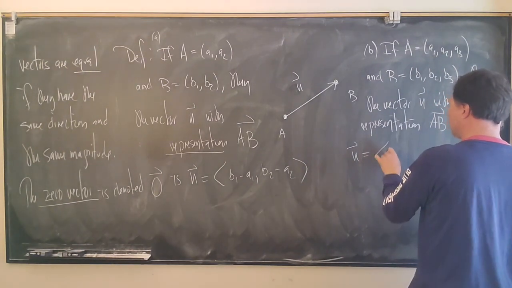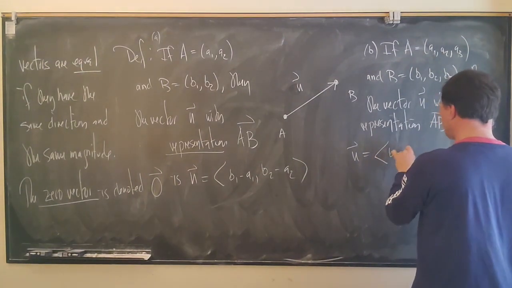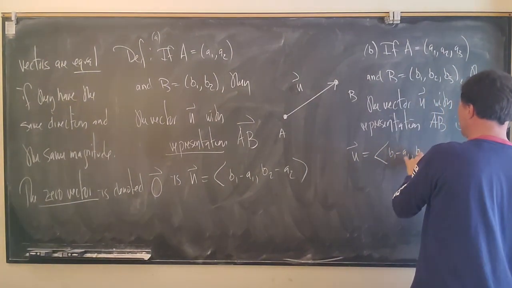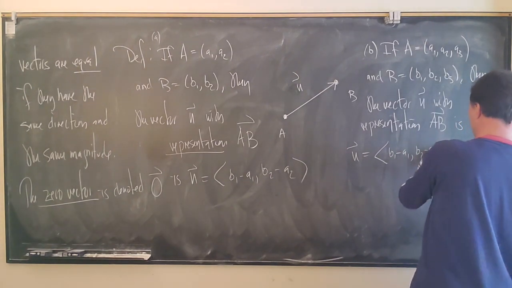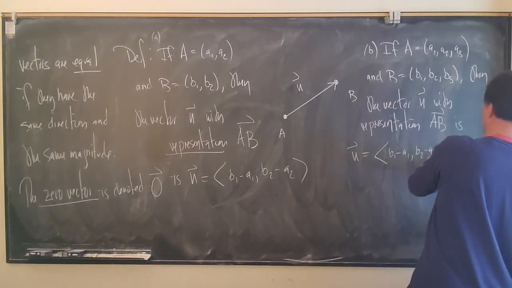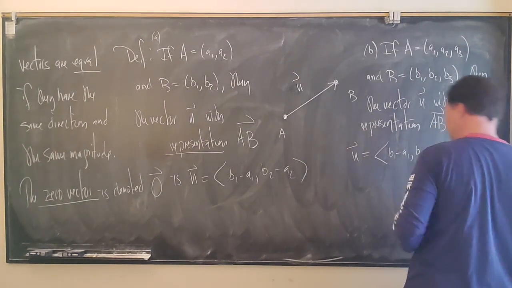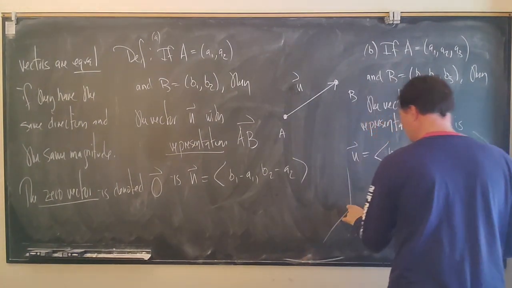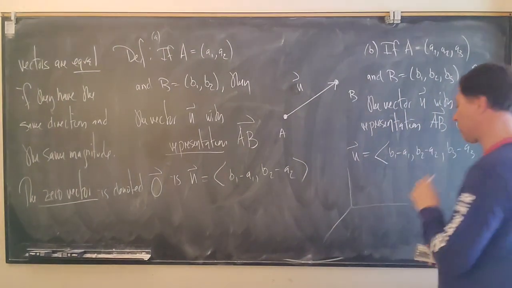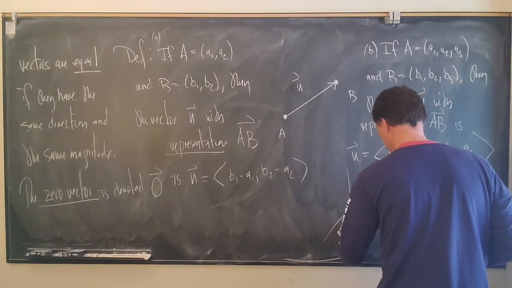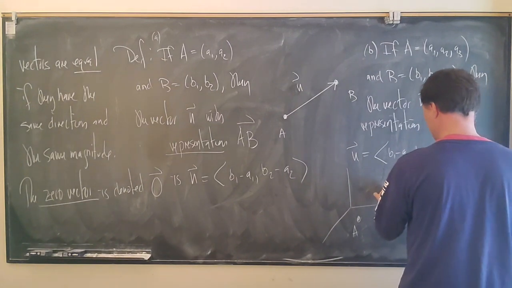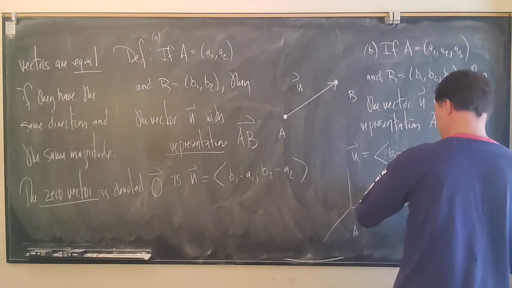So it'll be B1 minus A1, comma, B2 minus A2, comma, B3 minus A3 inside the angled brackets. And now the picture is the same, except now we're doing this in R3, right? So here's point A, here's point B, and there's our vector U.